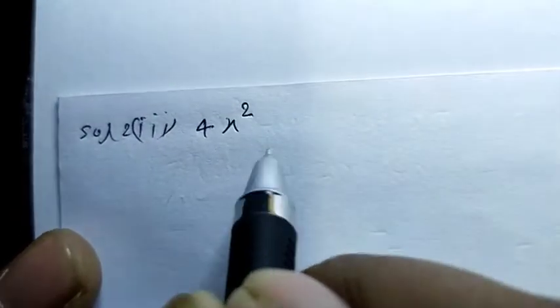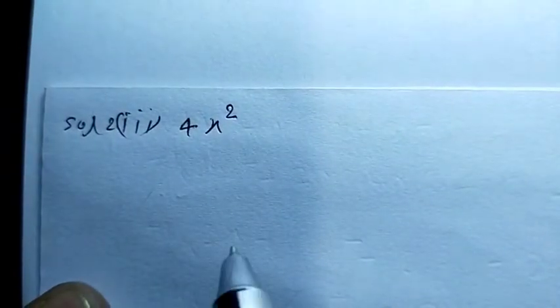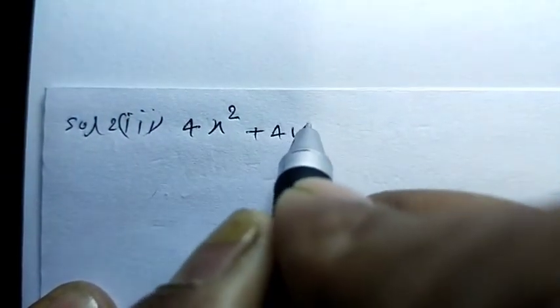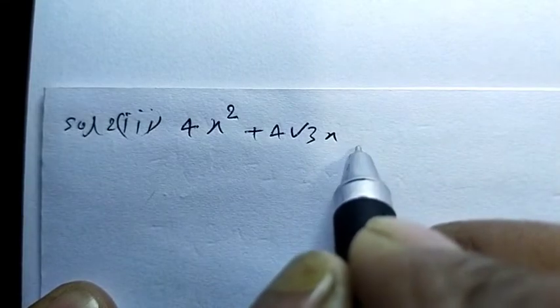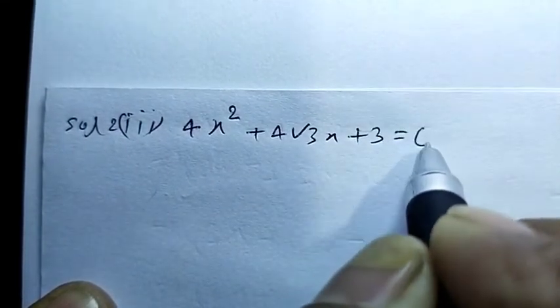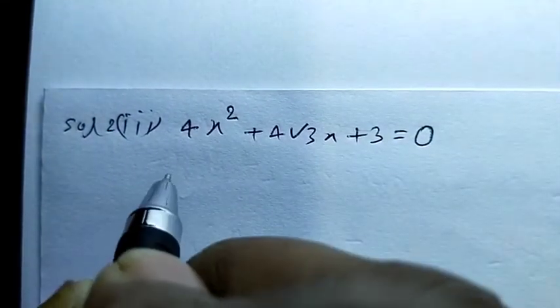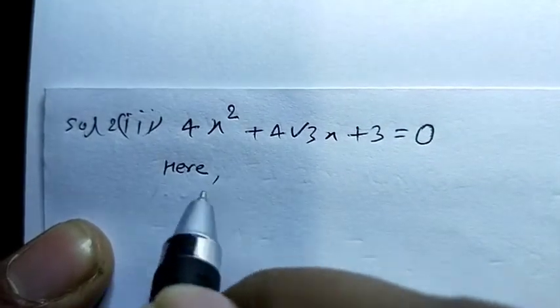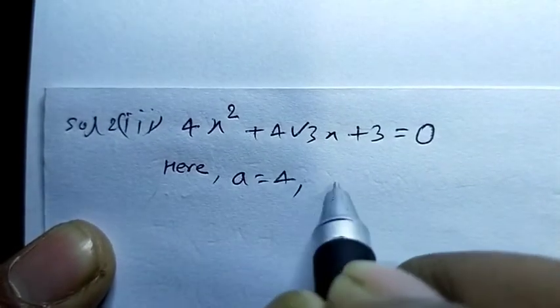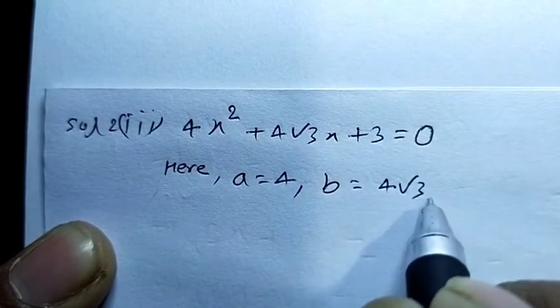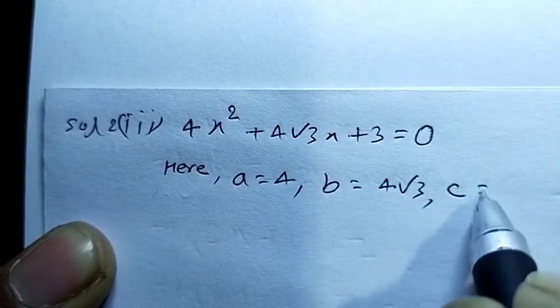Question number 3. The third question is 4x square plus 4 root 3x plus 3 that is equal to 0. Here a is equal to 4, b is equal to 4 root 3, c is equal to 3.